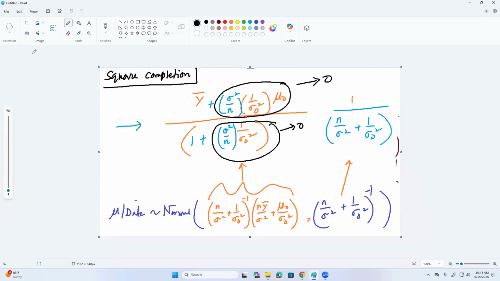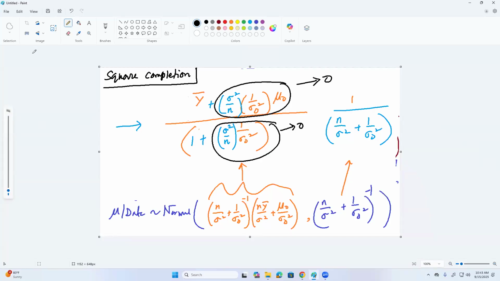So the effect of the prior diminishes with the sample size. And that should be the case intuitively, right? If we do not have enough data, then we want the prior to speak.